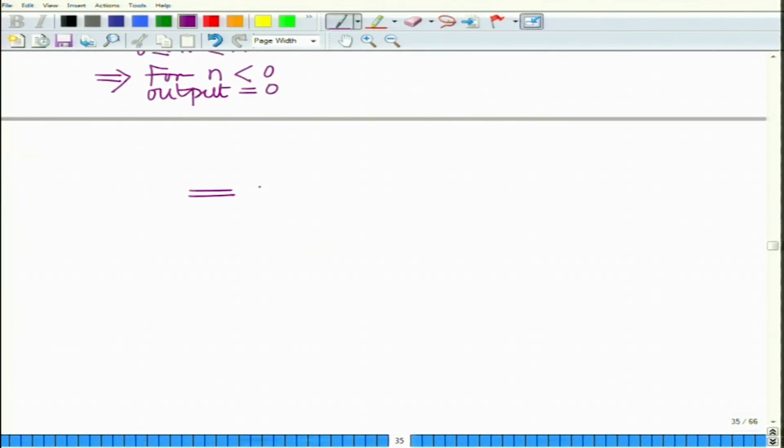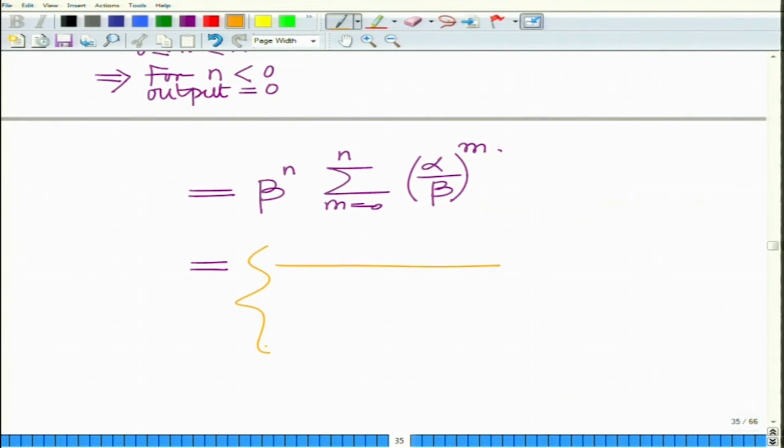If you bring beta to the power n outside, I can write this as summation m equal to 0 to n alpha over beta to the power m, which is equal to, well, again here we have two cases. It is equal to 1 minus alpha over beta to the power n plus 1 over 1 minus alpha over beta, times beta to the power n, if alpha is not equal to beta.